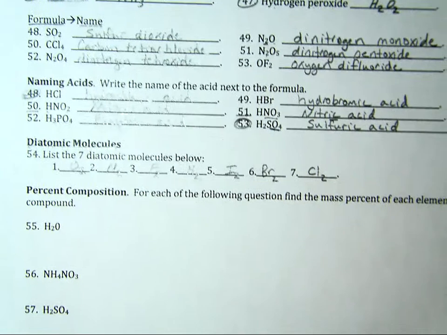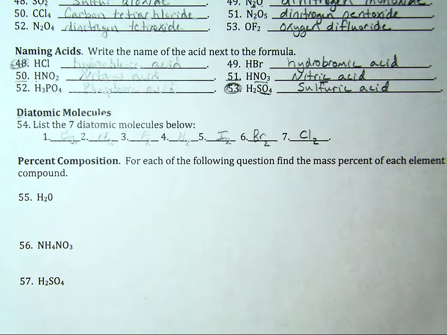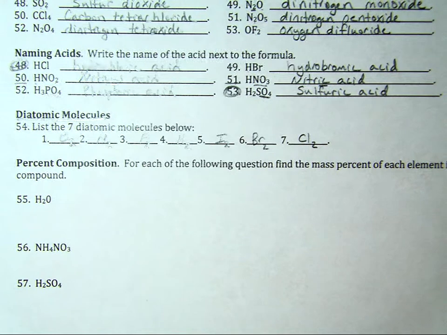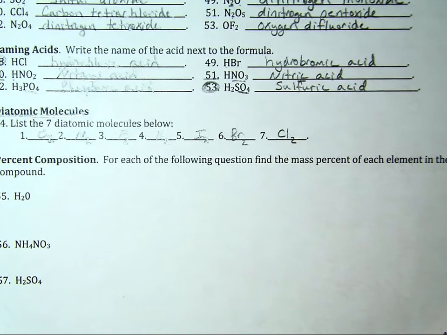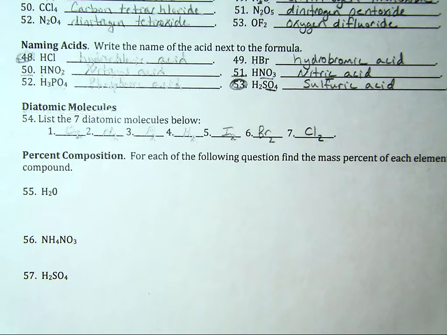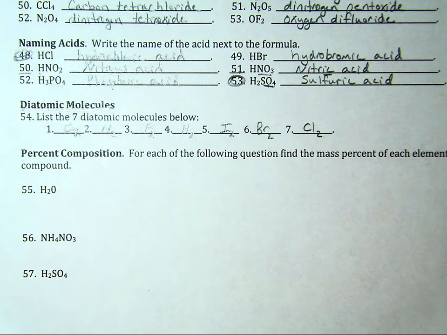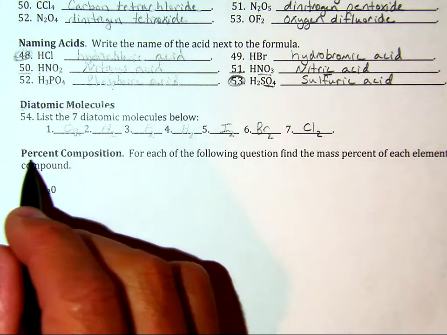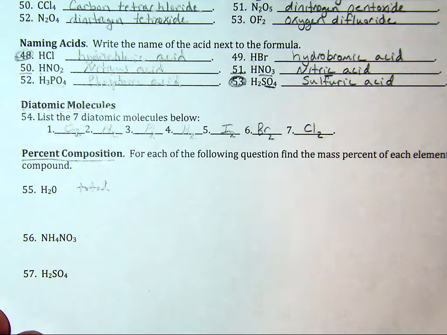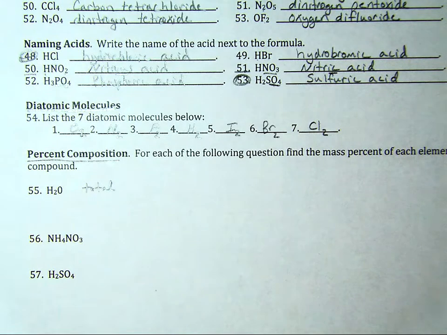Alright, let's go to number 55. And this section is about percent composition. It says, for each of the following questions, find the mass percent of each element in the compound. So let me review how you do this. 55, we've got H2O. When we're doing percent composition, we need the total mass of this molecule.